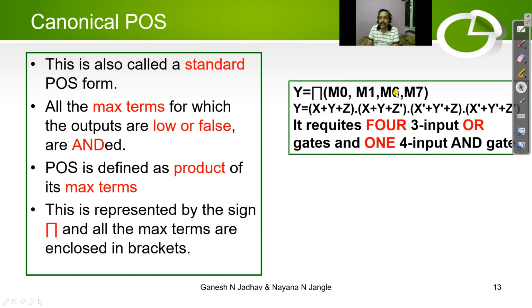For M1, all 3 inputs are taken. For M6, M7, all inputs are taken. Here, for each ORing operation, I have considered all inputs. Then it is called a standard POS or canonical POS. So it requires four 3-input OR gates and one 4-input AND gate to implement this circuit.